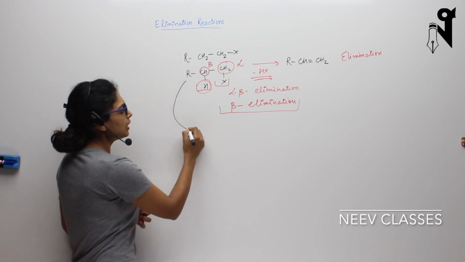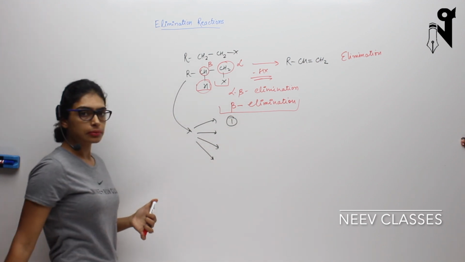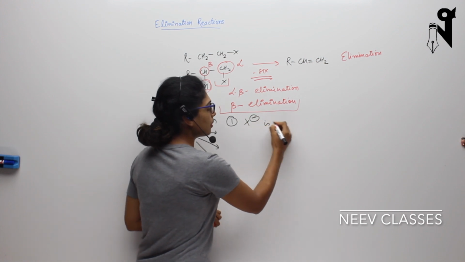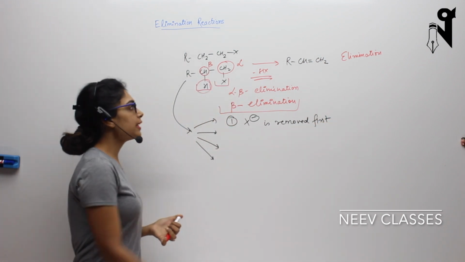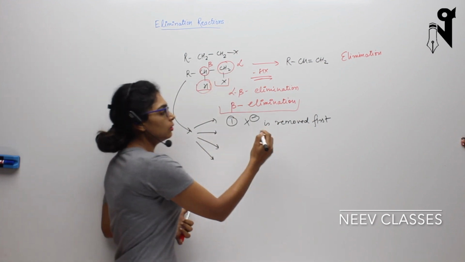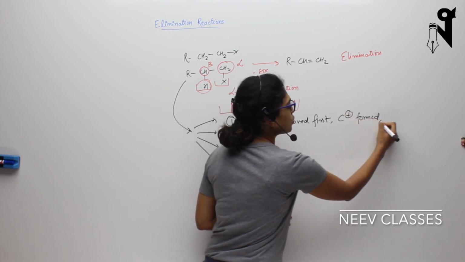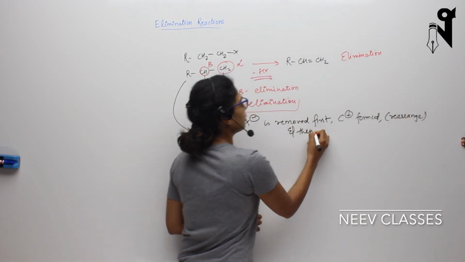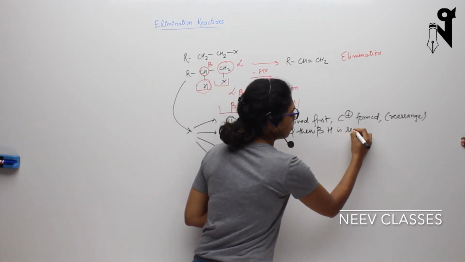Now this beta elimination can take place in various ways. First way: when X minus is removed first, and once X minus goes out, a carbocation will be formed at this carbon, which can rearrange, and then this beta hydrogen is removed.